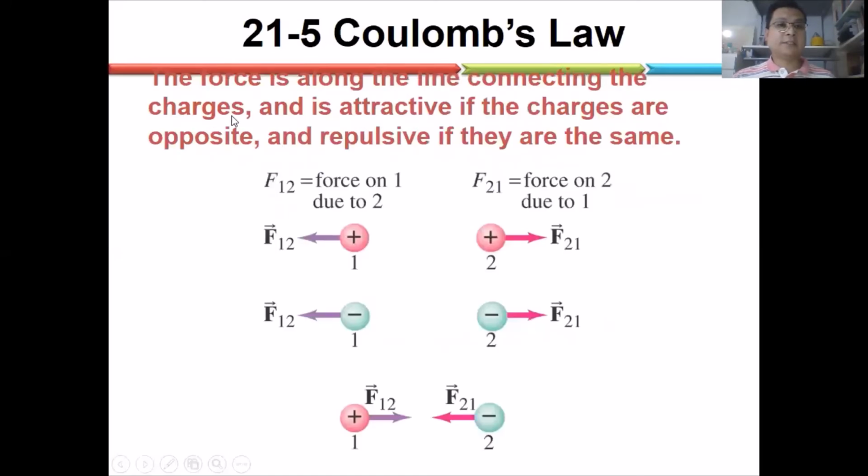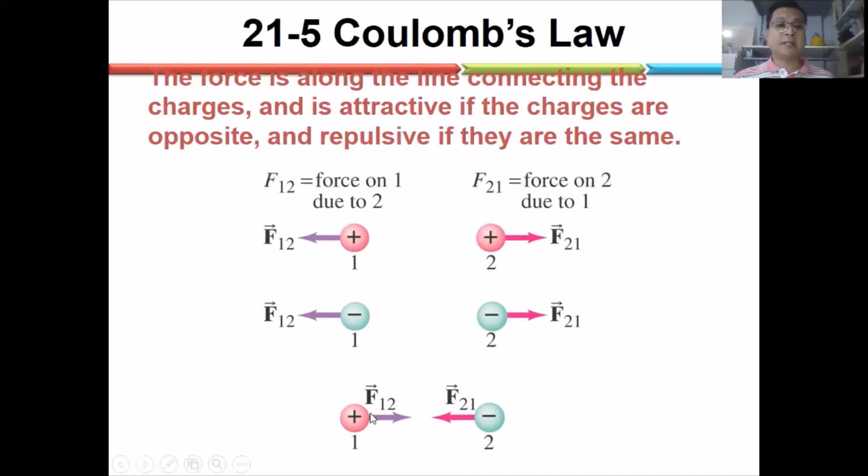The force is along the line connecting the charges, and is attractive if the charges are opposite and repulsive if they are the same. As I mentioned before, with the same sign, whether positive or negative, the force will be repulsive.